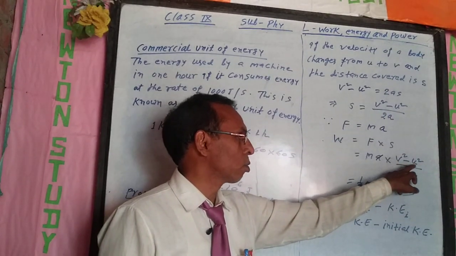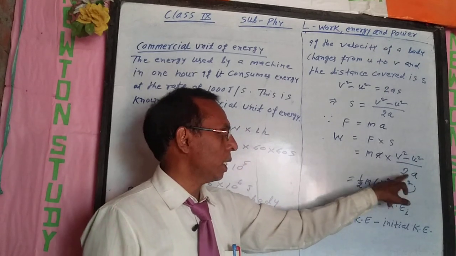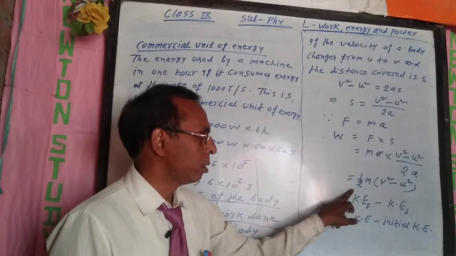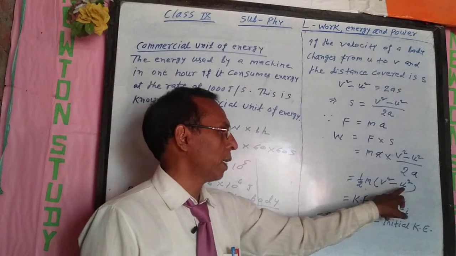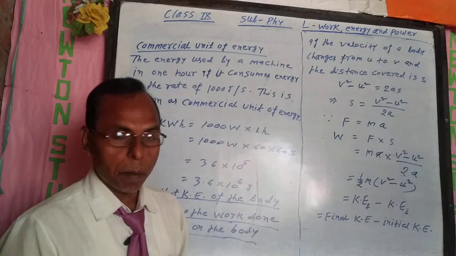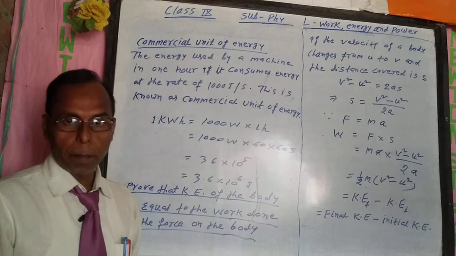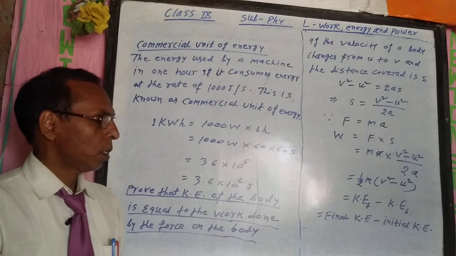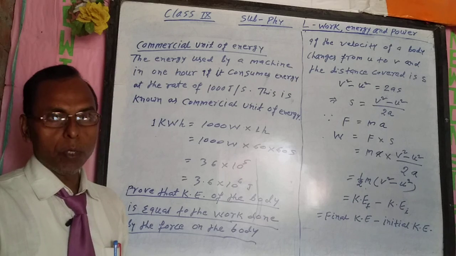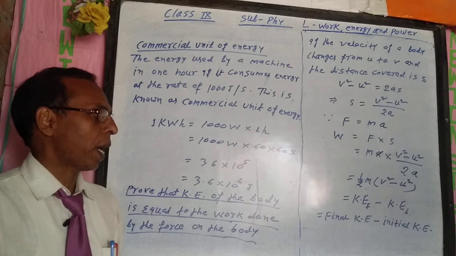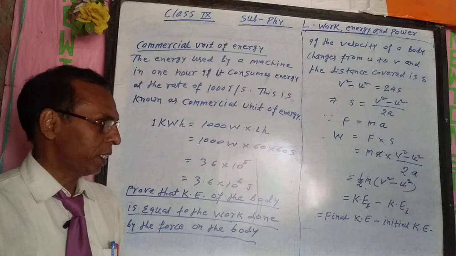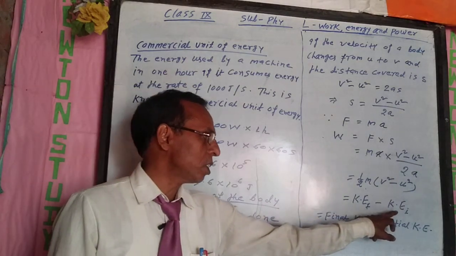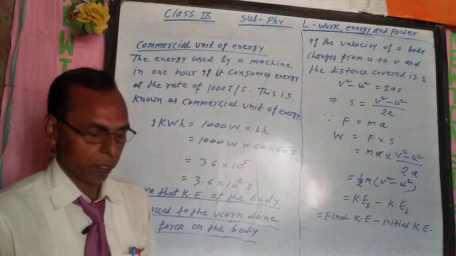The a cancels, and we write 1 by 2 m into v square minus u square. 1 by 2 m v square represents the final kinetic energy and 1 by 2 m u square represents the initial kinetic energy. So it is final kinetic energy minus initial kinetic energy.